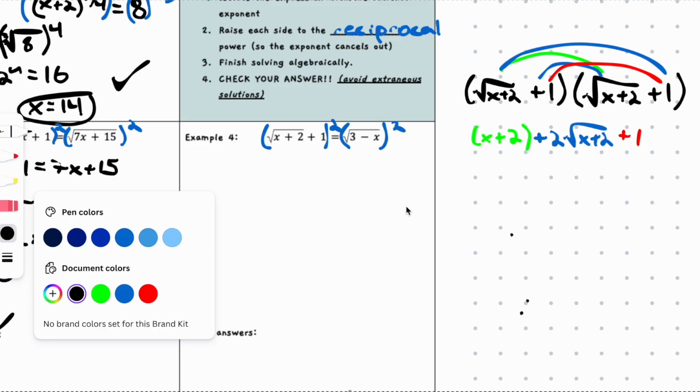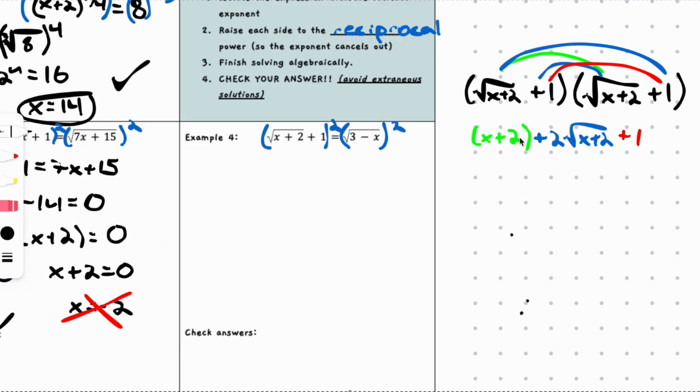So we simplify this, and we get x plus 2 root x plus 2, and we get 2 plus 1, which is plus 3. Great. And that's this side squared.